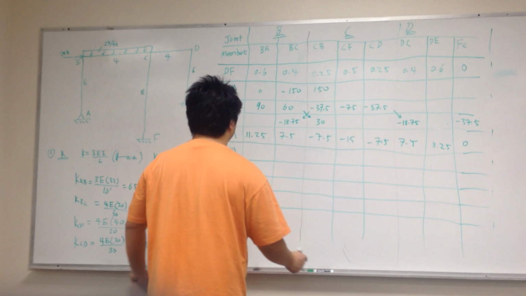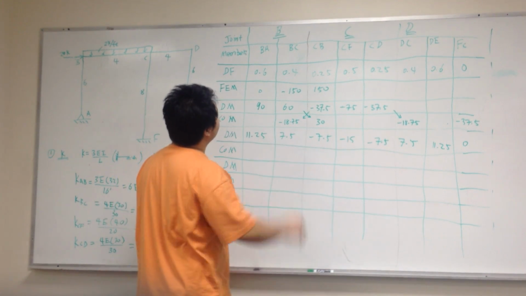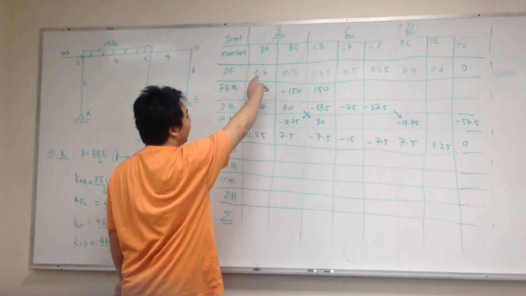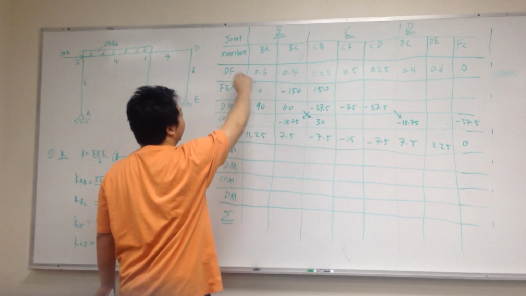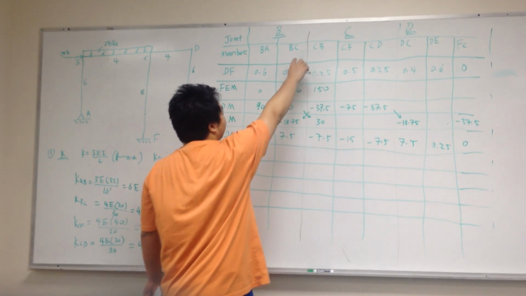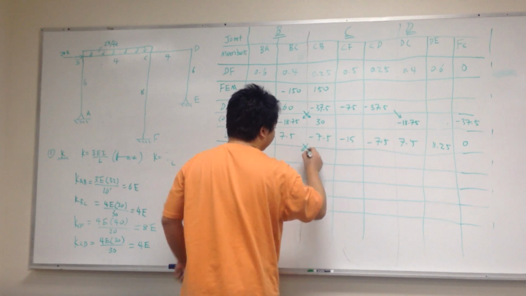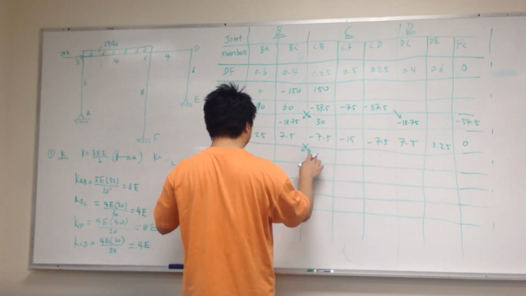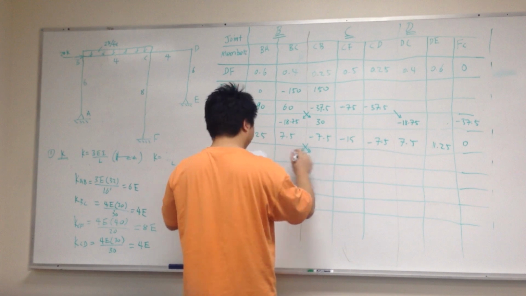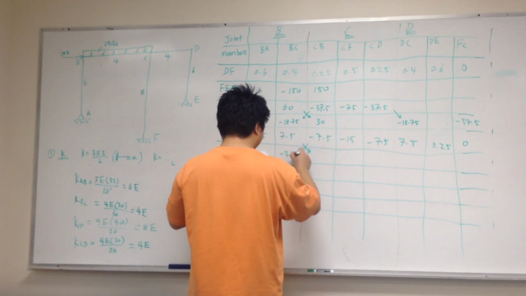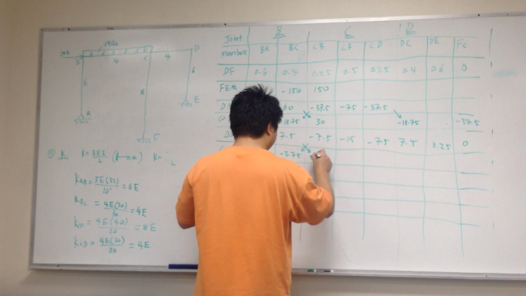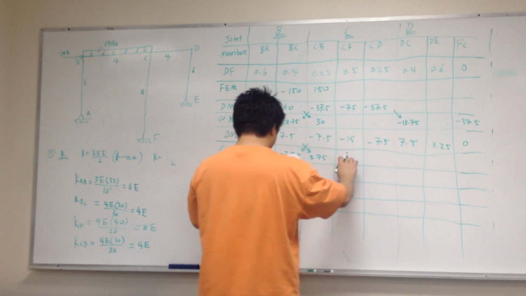And for this one, you do the carryover again. BA had no BA. You didn't have BA AB, so nothing. This one, just follow the arrow. You have this divided by this divided by 2, so you're gonna have negative 3.75, 3.75, nothing.